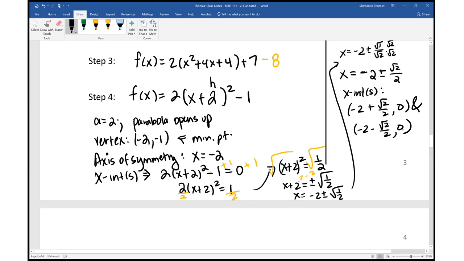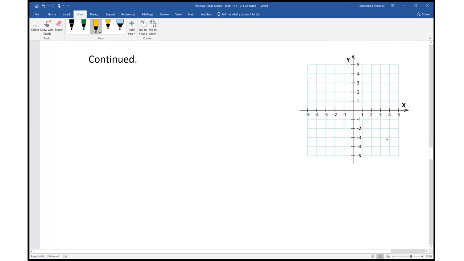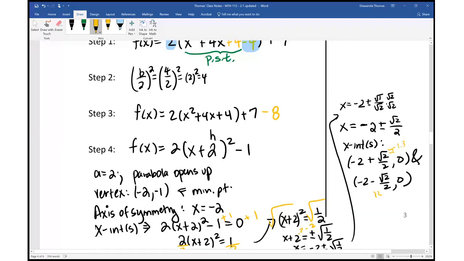So this one up here is approximately negative 1.3. And what about this, negative 2 minus the square root of 2 over 2? Minus. That's approximately negative 2.7.